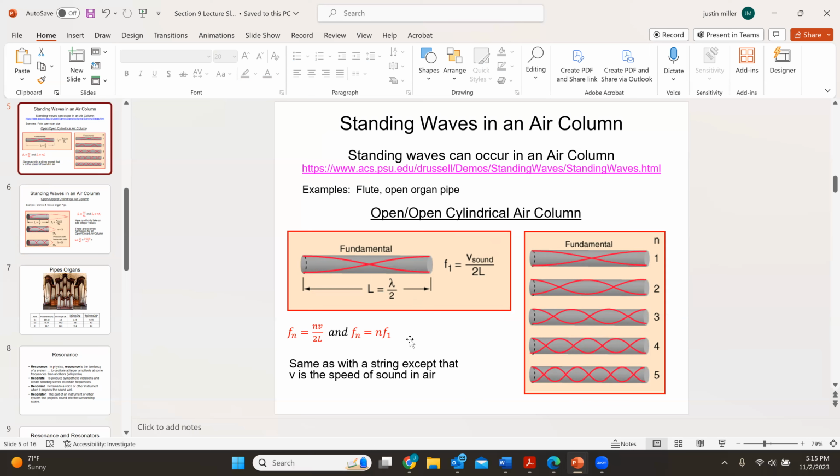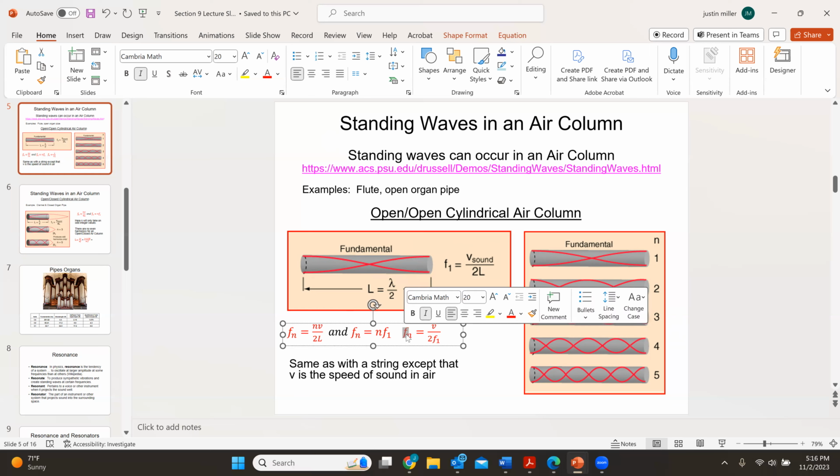If we solve this for L, let's do that for you.